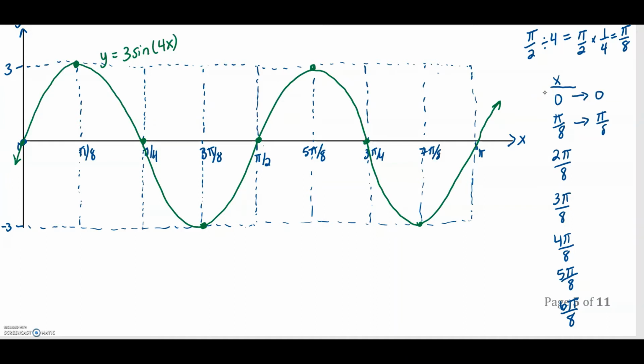So if we reduce these to the lowest terms, it's 0, pi over 8, and then pi over 4. 3 pi over 8 can't be reduced anymore, but 4 pi over 8 reduces to pi over 2. 5 pi over 8. And 6 pi over 8 reduces to 3 pi over 4. So hopefully that's helpful in coming up with the intervals for your x-axis.